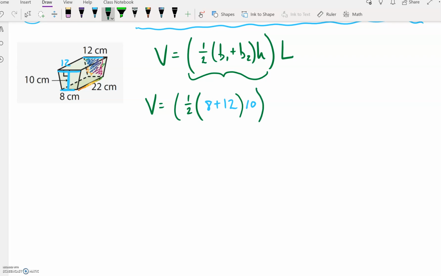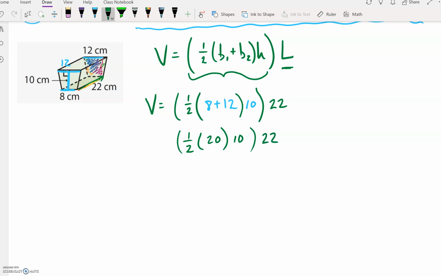And then last but not least, this length, again, as we mentioned, is how deep the prism goes. Okay, so 22 centimeters. So you see how all those pieces are being plugged in there? And then our job is to simplify. So I'm going to take 1/2 of 8 plus 12 is 20 times 10 times 22.